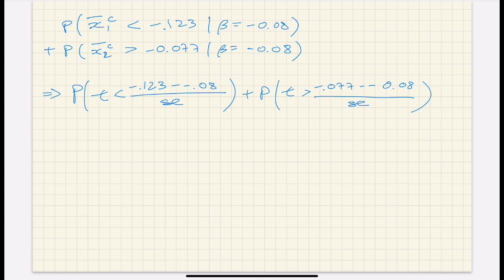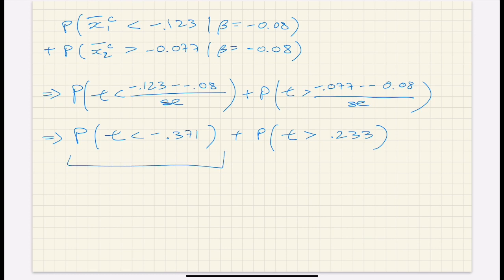And we're going to find that this is equal to t less than negative 0.371 plus t greater than 0.233. With these values, we go to our statistical tables again, the normal distribution one, and we find that for this one, the probability is basically 0.